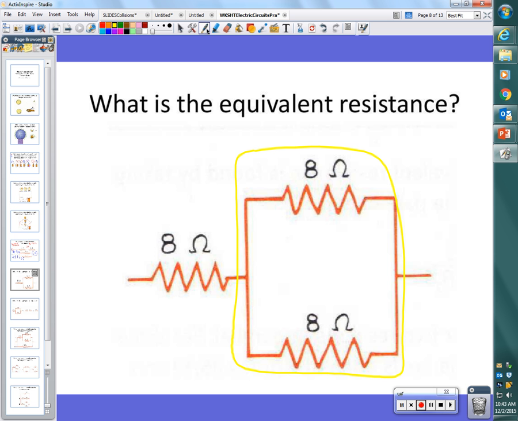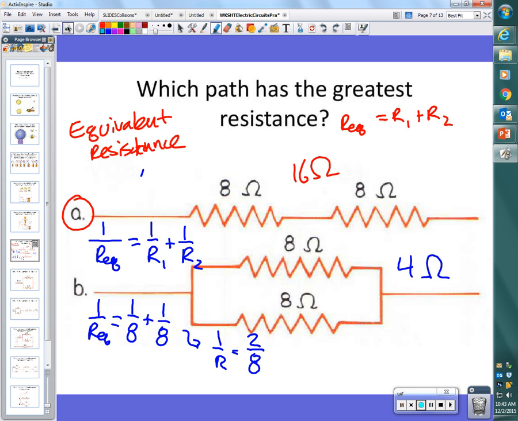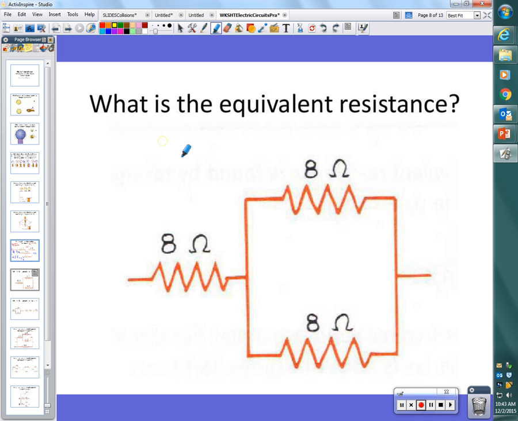So the first thing we do when we have resistance in series and in parallel is find the equivalent resistance of this section. Like we just discussed, in parallel, 1 over Req, which is the equivalent resistance, is equal to 1 over R1 plus 1 over R2.